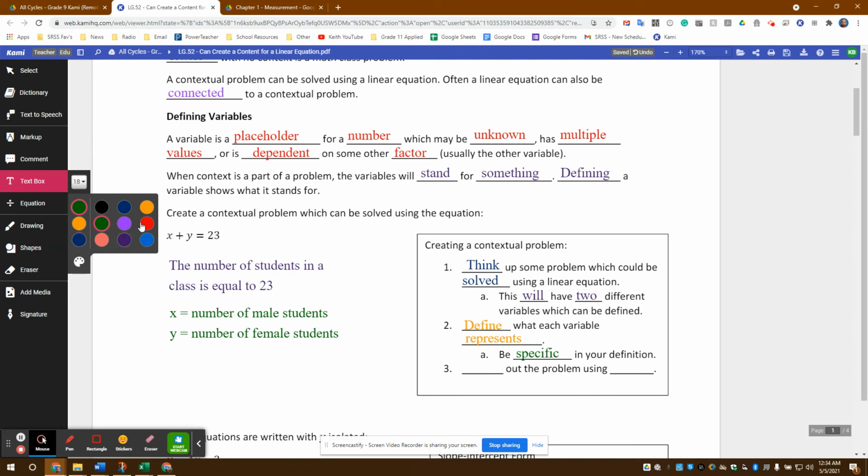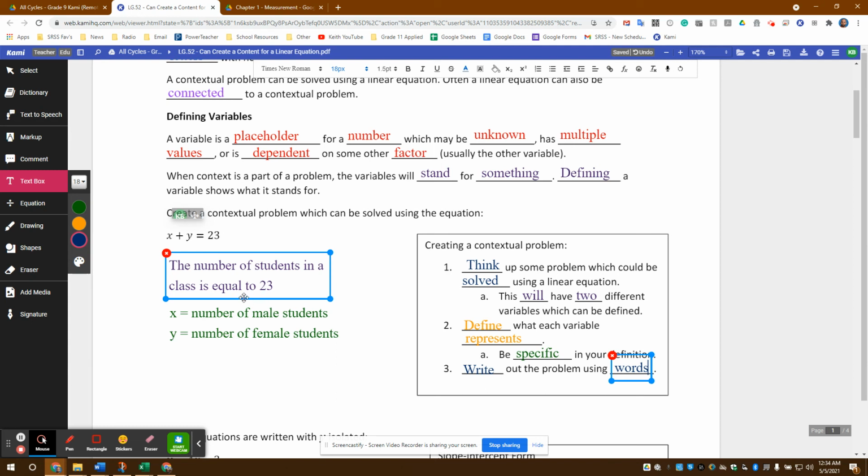Now, the final thing that we're going to do, and we kind of did this already at the start, is we write out the problem using words. Here I did the number of students in class is equal to 23.